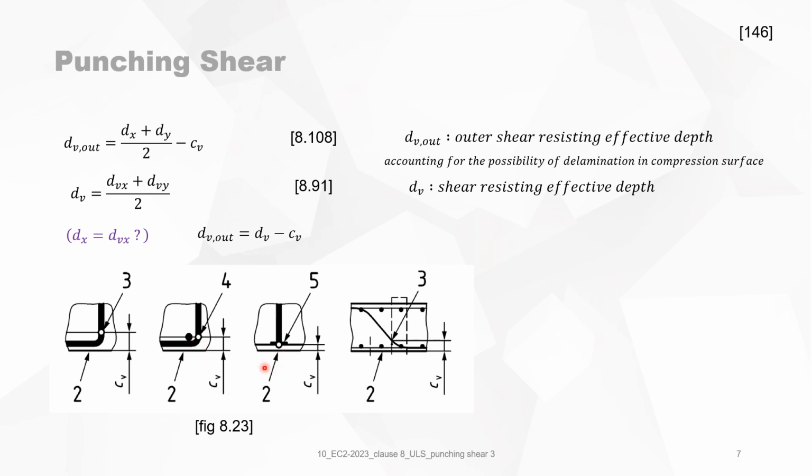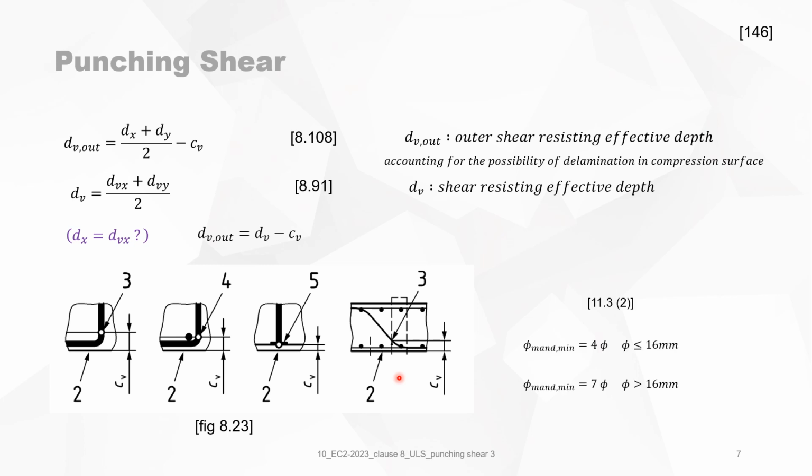For studs, it's clear what cv is, but now you have to decide in your design problem what is cv. You do not know yet what reinforcement you need as shear reinforcement, but you have to estimate cv directly. And with inclined stirrups or inclined shear reinforcement, it's even more unclear how much cv is.